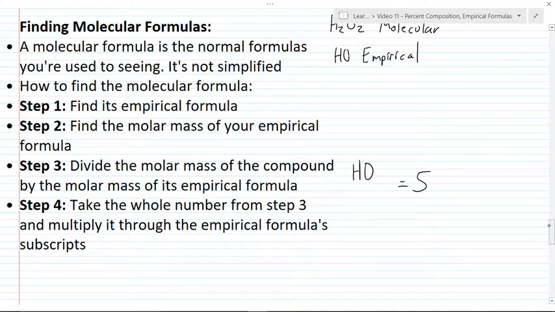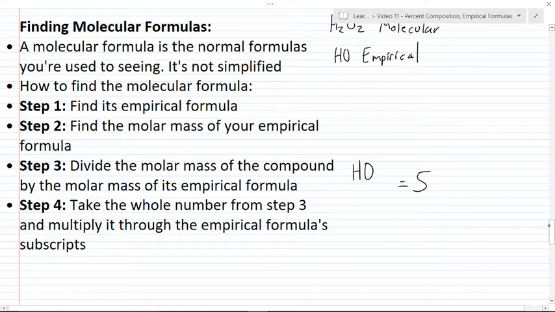Okay, so anyway, the molar mass of the molecular formula that's given to us, divided by the molar mass of our empirical formula, should give you a whole number, and you can multiply through to find the molecular formula.